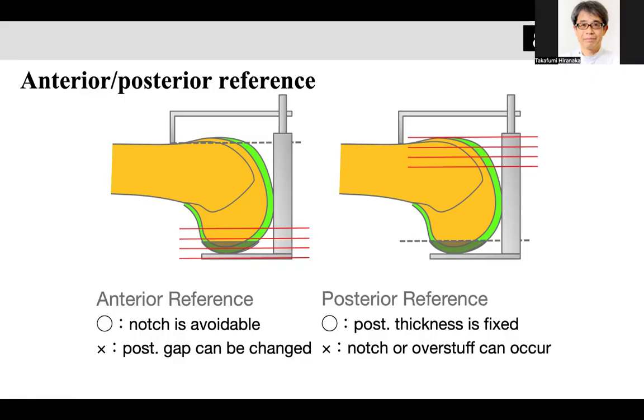On the other hand, posterior reference or posterior up technique keeps the posterior cut thickness constant in all component sizes. So there are two ways. If you do TKA in the future, you should recognize which type you are using every time.